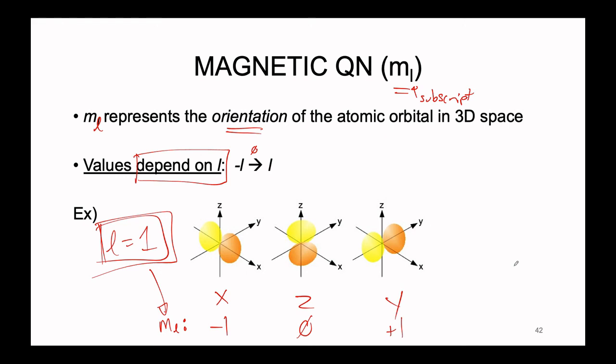All right, so that is the magnetic quantum number. The m sub L always has to run from negative L to positive L via each integer in between. The number of unique integers we have tells us how many individual pictures of the orbitals we can draw.